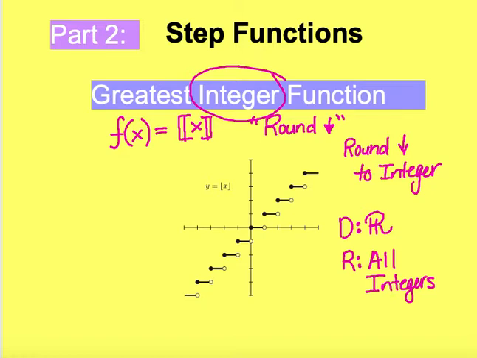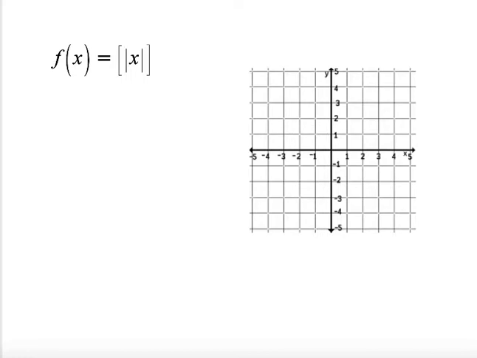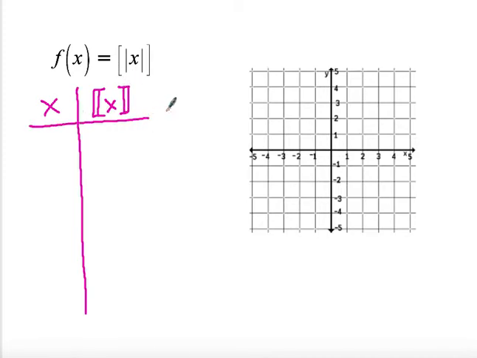So let's look at how we go about graphing this greatest integer function. If I look at the basic greatest integer function, which is f of x equals the greatest integer of x, I'm going to show you plugging in a lot of values at first, but once you get the hang of it, you won't need to graph as many. I'm going to input a value for x, and then we're going to round that value down using the greatest integer.